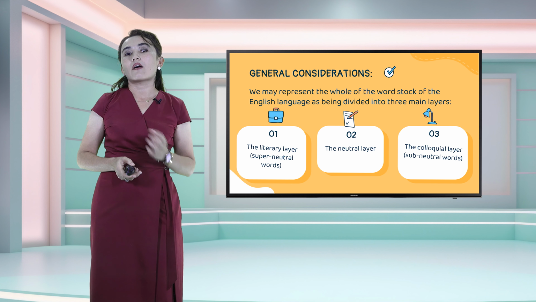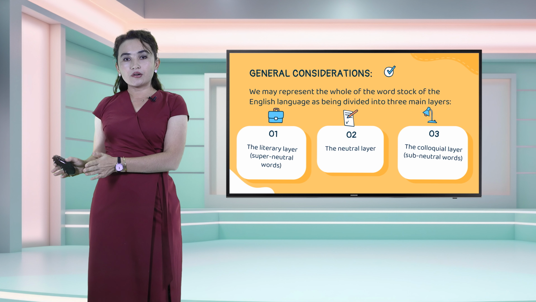So what are they? They are the literary layer, which can also be called super-neutral words, and the second one is the neutral layer. And the third one is the colloquial layer. The colloquial layer words are also called sub-neutral words.